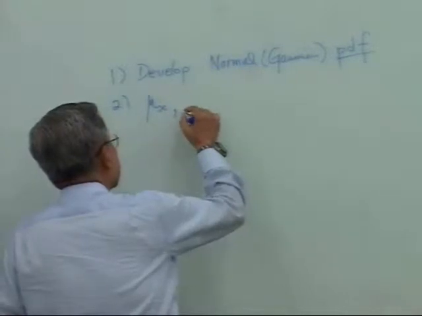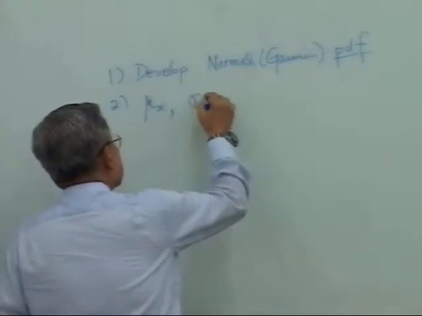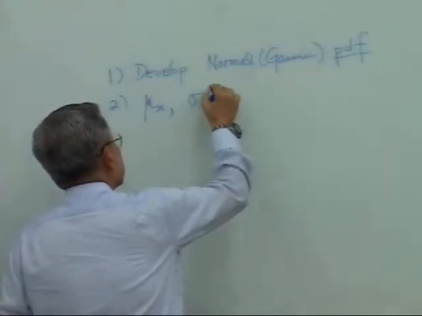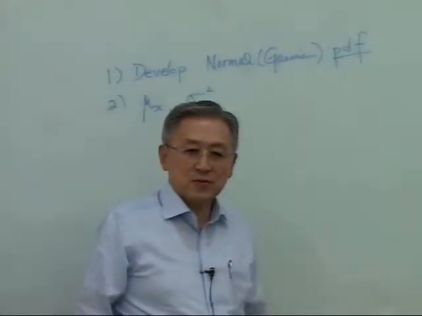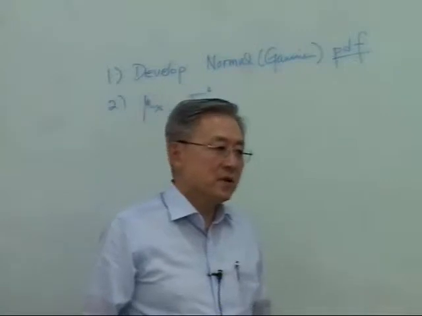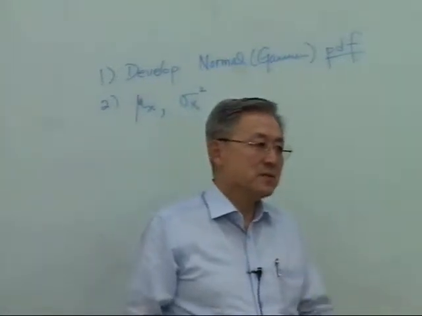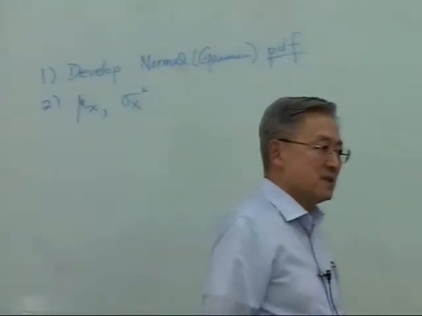Mu x. And I want you to compute the sigma x square. Sigma x square is so-called the variance. And some of you could say, geez, he's assigning the homework without telling us what that means.